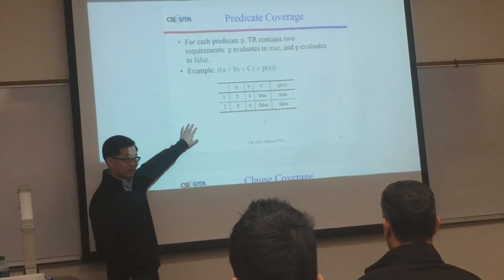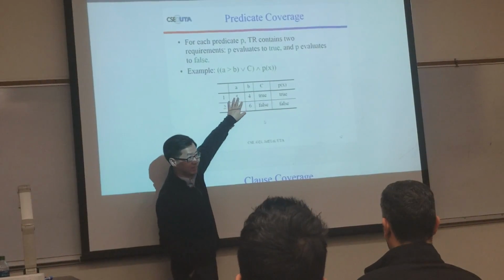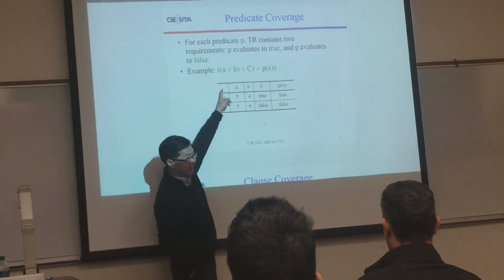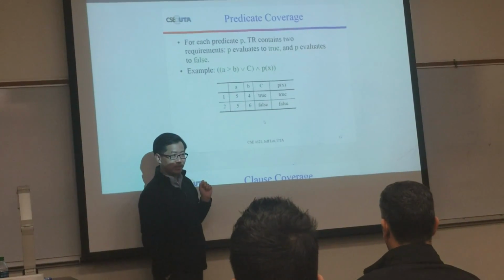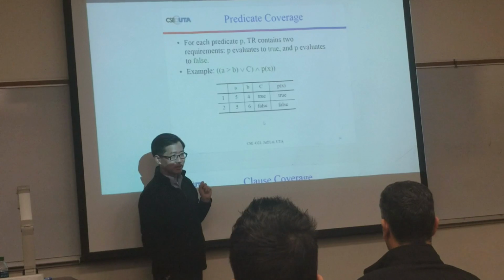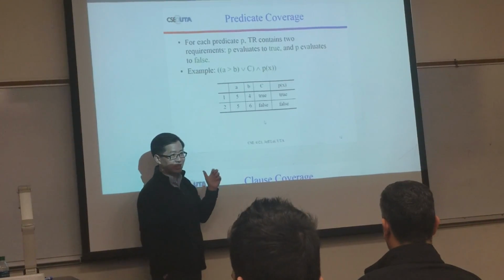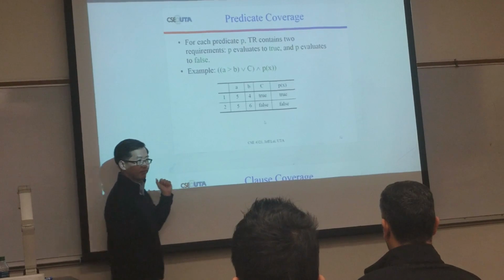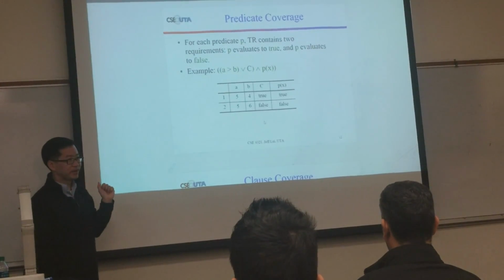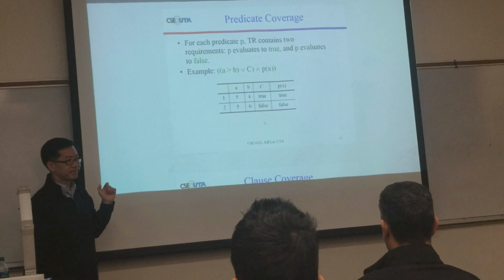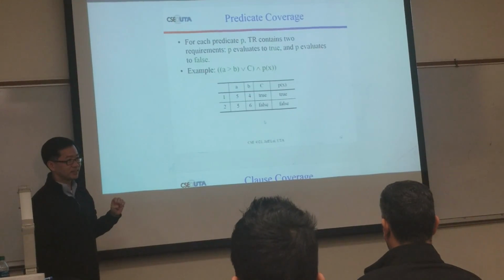Yeah, because you did not really test this clause, like A greater than B, right? Why did we not really test that? Why was this clause not really tested in these two test cases? It has more than two combinations that can affect its result.